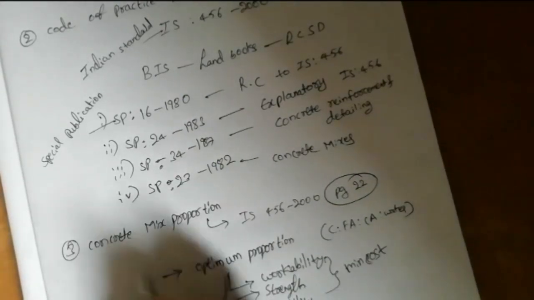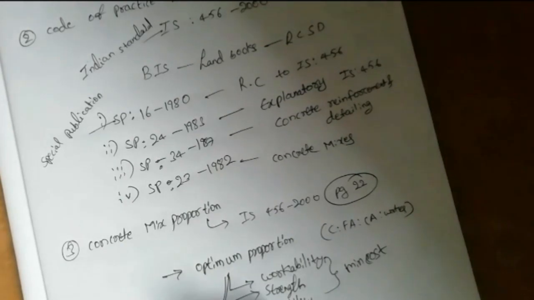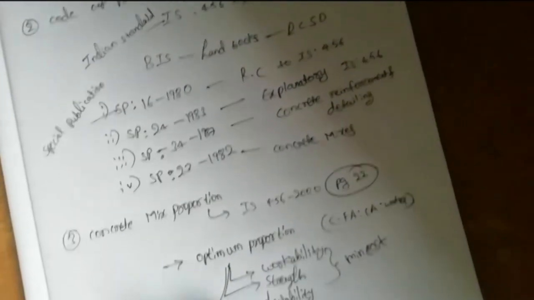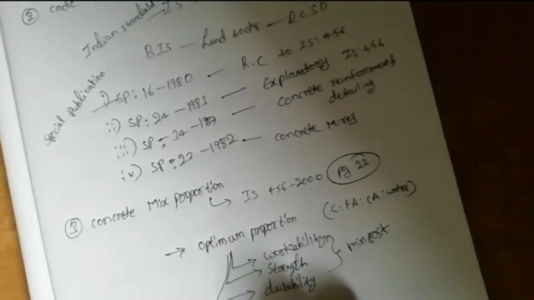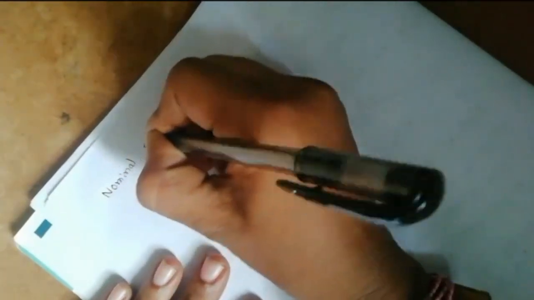Concrete mix proportioning is done in two ways. One is nominal mix concrete and the second is design mix concrete. In nominal mix concrete, the proportions of cement, aggregate and water are nominally adopted.